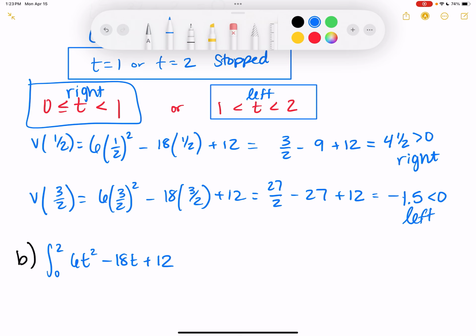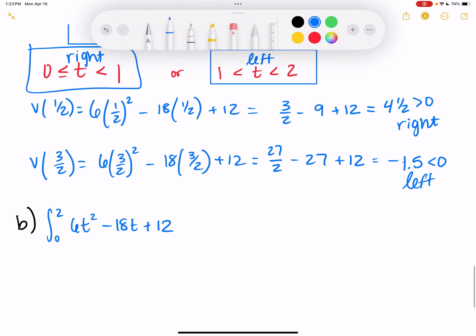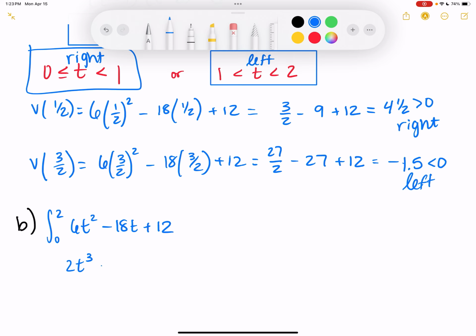What's the antiderivative of that? 2t cubed minus 9t squared plus 12t. And we'll evaluate that from 0 to 2.